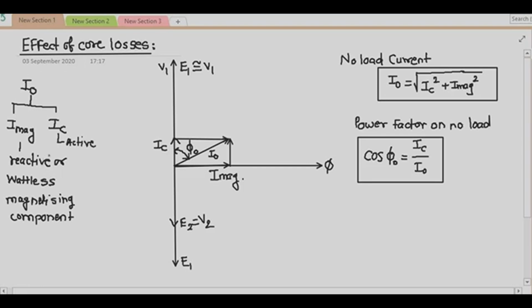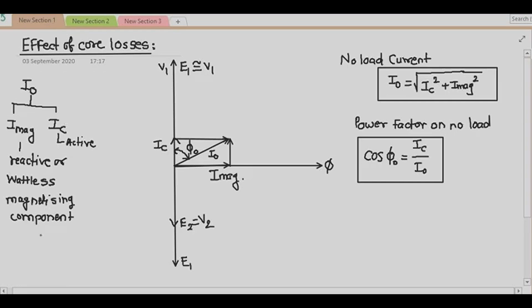IC is the active or power or core loss component, which supplies mainly the core losses and the negligible copper loss in the primary winding, because the primary winding also has some resistance. So this IC takes into account the losses. Which losses? Core loss and negligible copper loss in the primary winding.